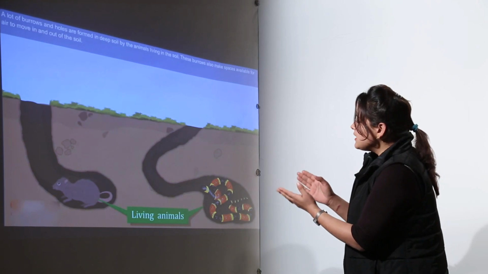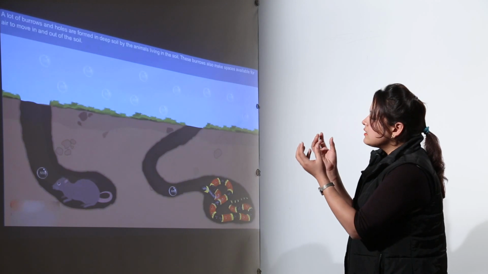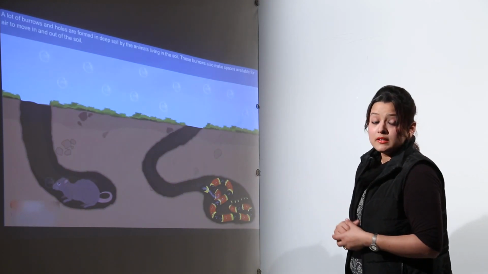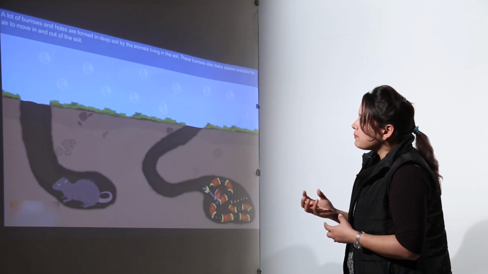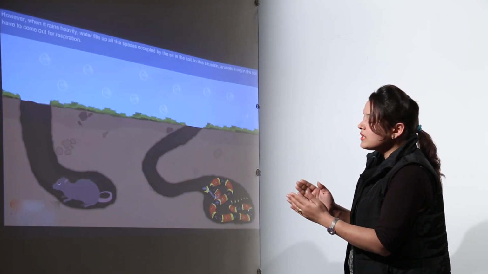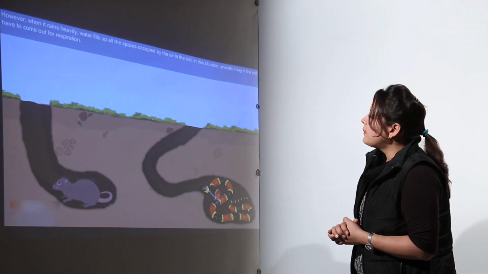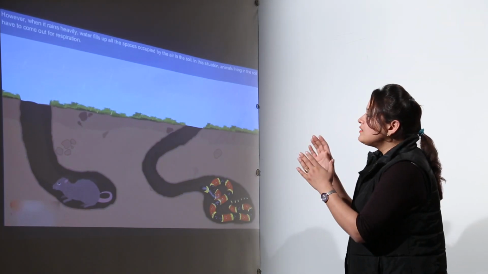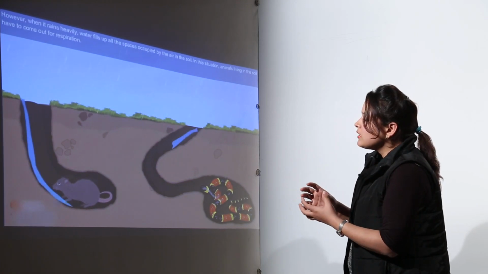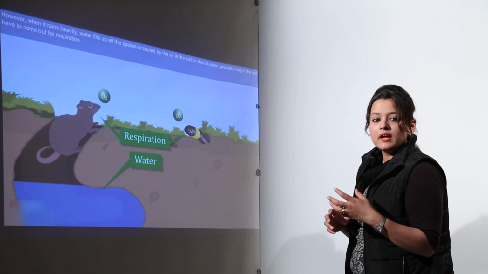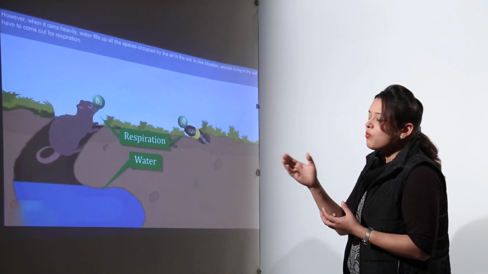Here you can see these living organisms living inside the burrows. The holes they make as their homes inside the ground give them a supply of oxygen, or you can say a supply of air from the atmosphere. But during the rainy times, water gets into their burrows and the air that was present is replaced with water.